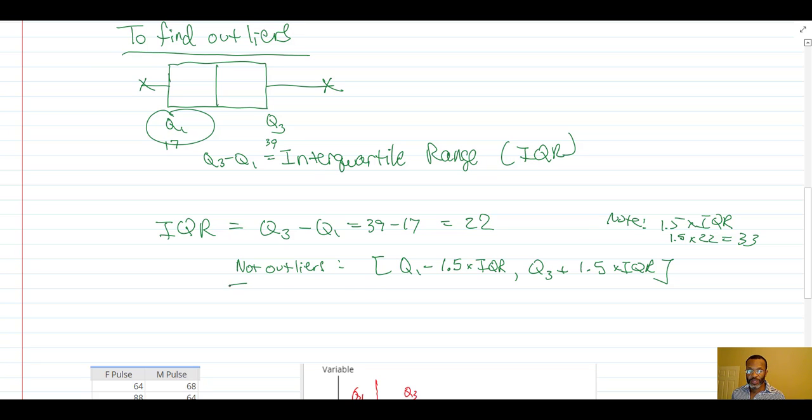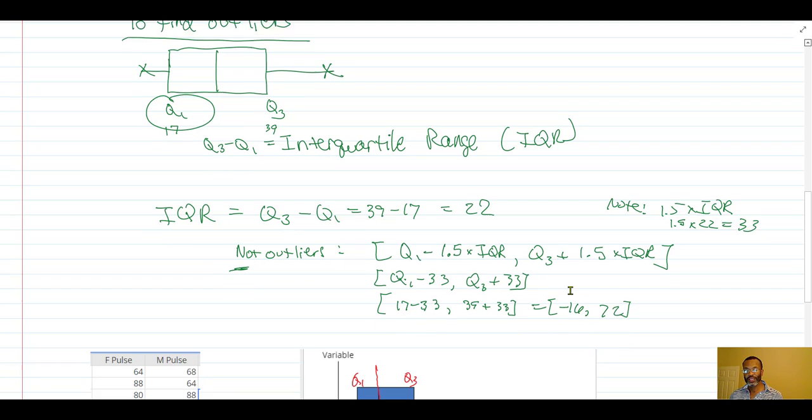So the values that are not outliers are all of those values that sit between Q1 minus 33 and Q3 plus 33. Q1 is 17 minus 33, so that's negative 16. And then Q3, let's go to the right side, 39 plus 33. And so that's going to be negative 16 and 72.